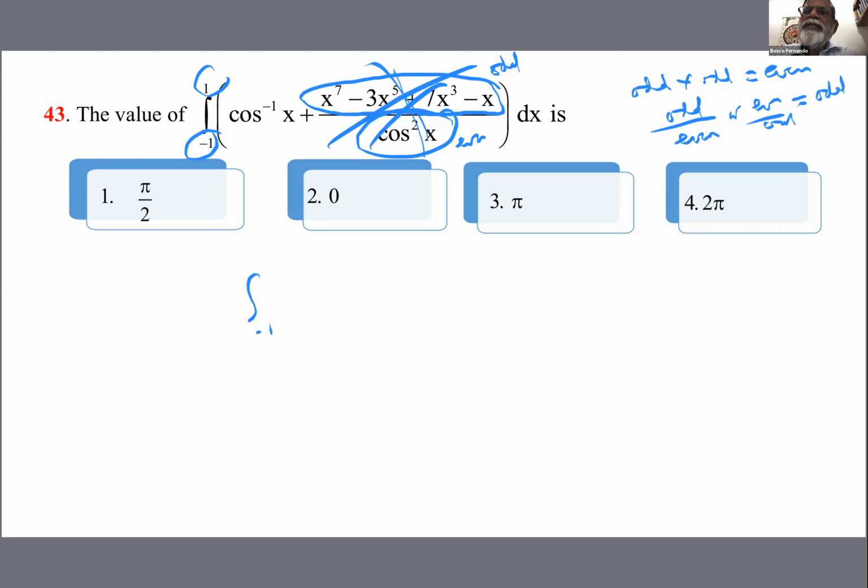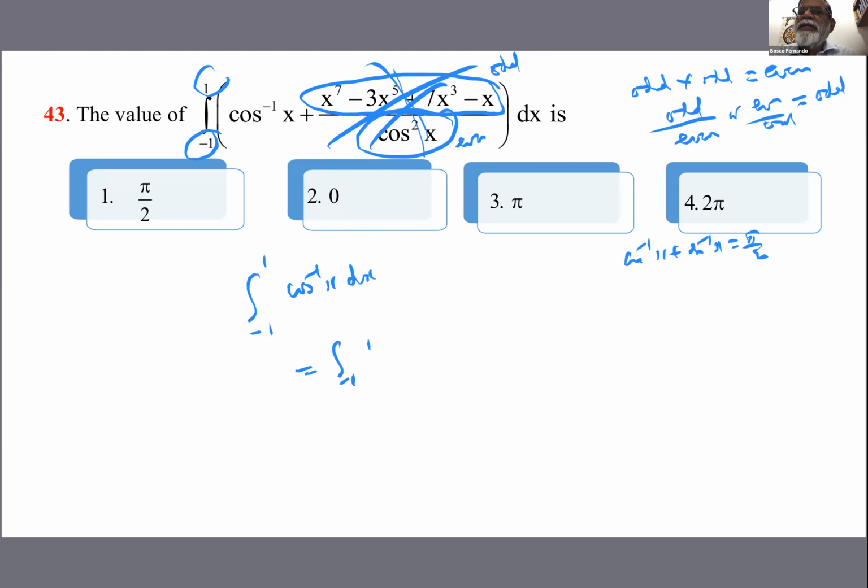So leaving you integral minus 1 to 1 cos inverse of x dx. So cos inverse of x is neither even nor odd. Can we connect in terms of sin inverse of x? Cos inverse of x plus sin inverse of x is pi by 2.